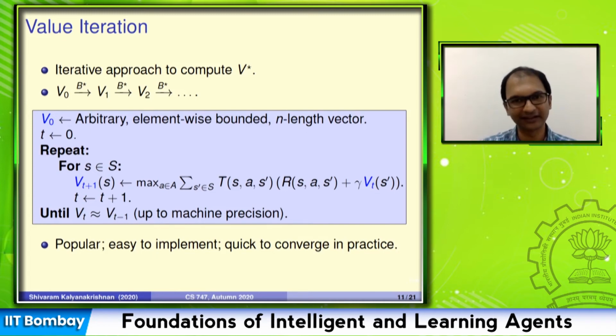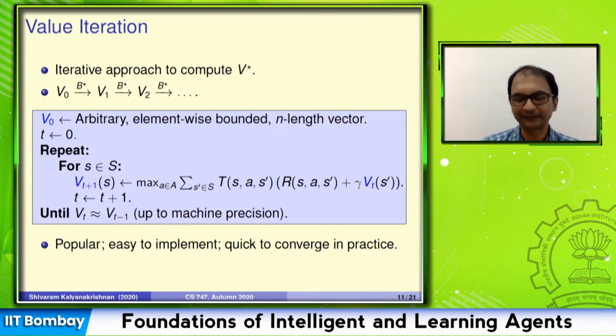You just apply B star as long as you can, and when you can't really proceed further, given the number of bits you have, you stop, and that's your answer. It's easy. You can write like 5 lines of pseudocode and be done with it. It's quick to implement, and it works reasonably well in practice. So this is one way of calculating V star.